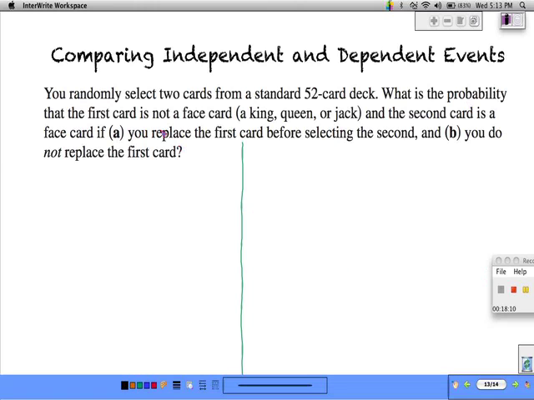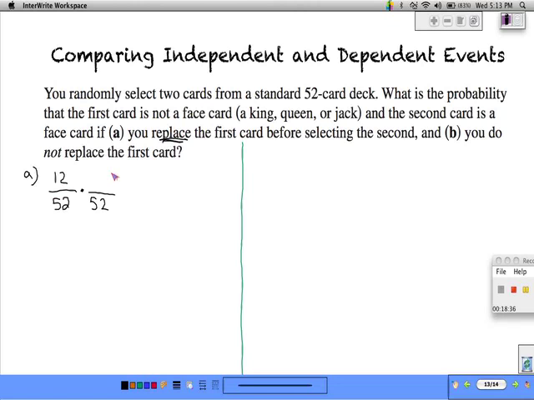So we're going to find the probability of getting a face card and then not a face card. And part A deals with replacing the first card. So in a deck there are 12 face cards out of 52 times, now I'm putting the card back into the deck again, so there are still 52 cards to draw from.